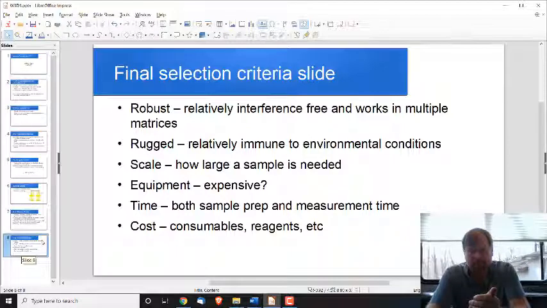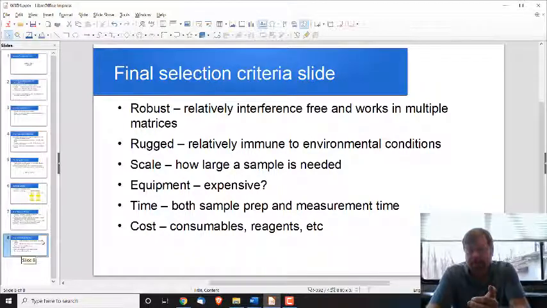Especially in a production environment, a sample represents material that I can't make and sell. So in a cannabis lab, the larger sample you have to have, the less product you have going out the door. In a blood testing type environment, the larger sample you need, the more blood you have to draw from somebody.